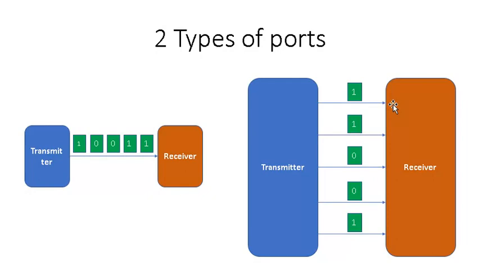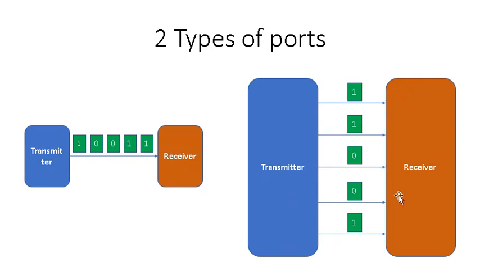Normally there are 8 lines of transfer in parallel transfer, so that means we are transferring 8 bits at a time. So that means at each time we are transferring 1 byte, because every 8 bits is going to be 1 byte.